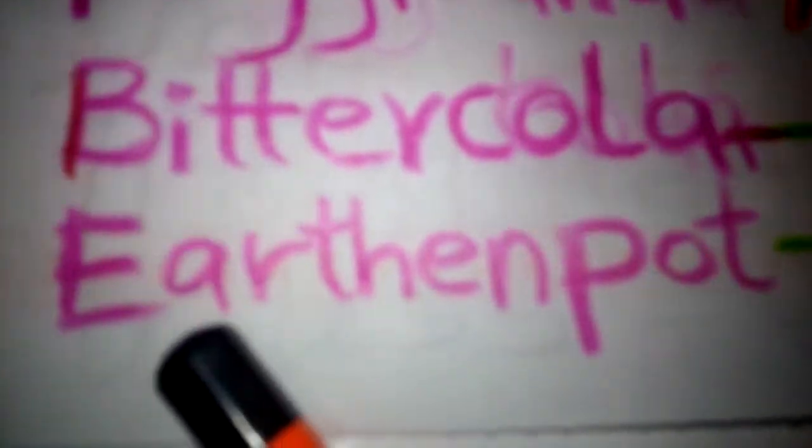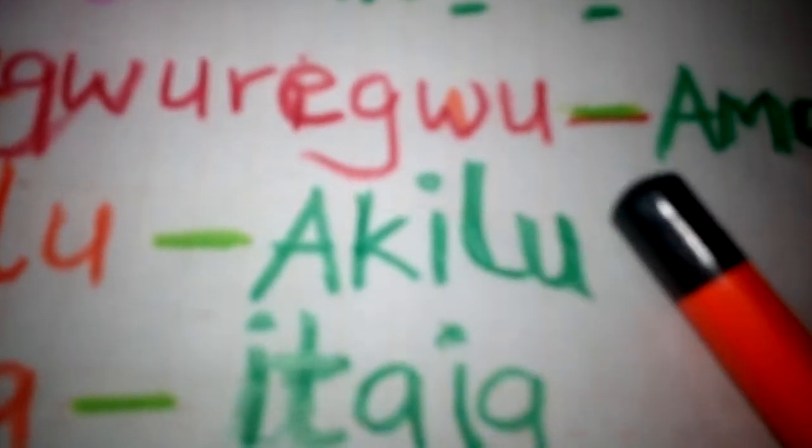Okay, clay pot, ite aja. A is a vowel, A is a vowel. So you drop this first one, it becomes itaja. Okay, so this is vowel dropping. Okay, so naturally ezinụlọ.